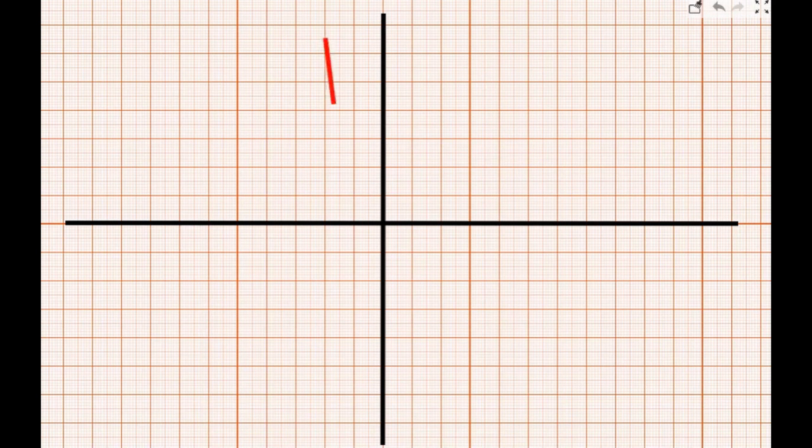X equals negative 2 is plotted here. And then after that we plot the vertex. Vertex we've got as (negative 2, 5). Let us plot negative 2, positive 5, 1, 2, 3, 4, 5. Yeah, somewhere here. This is the vertex.